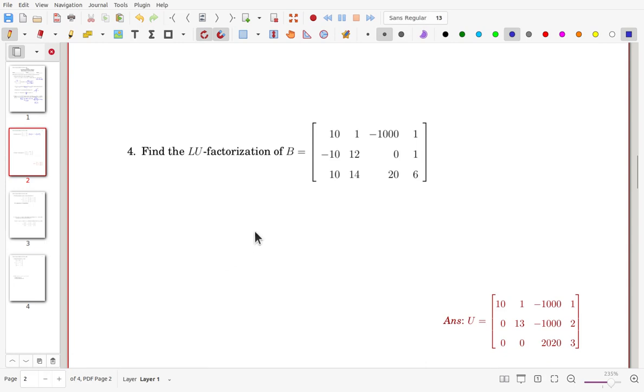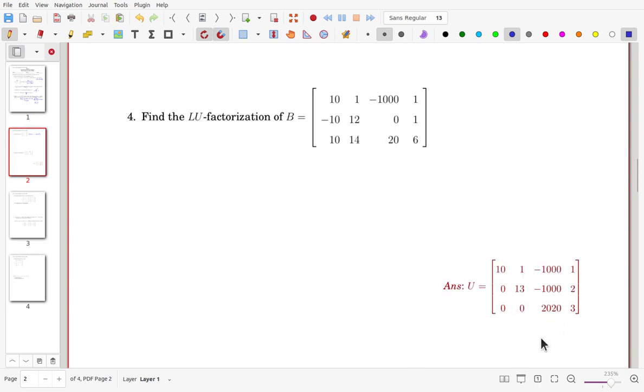Now, for this one, find the LU factorization of B, and here we have the U matrix.